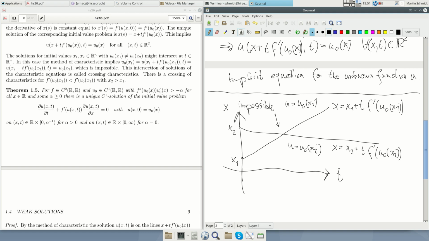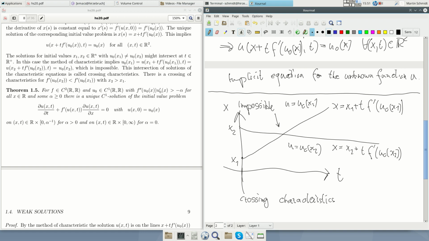Such a situation, where two characteristic lines intersect, we call crossing characteristics. They really make problems, and in the next section we will treat several possibilities for how to overcome this problem.